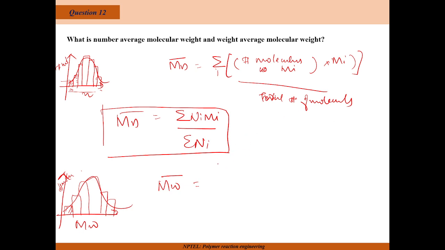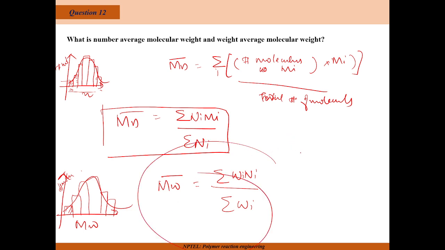Here it's number of molecules. So here I can write this as summation Wi, that is the weight of the ith molecule, into Mi, divided by total weight, summation Wi. So this is the basic definition.